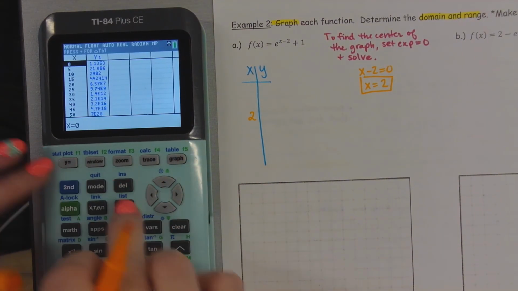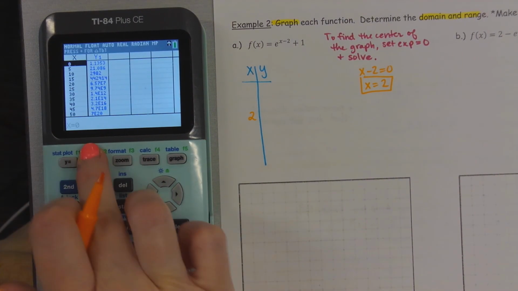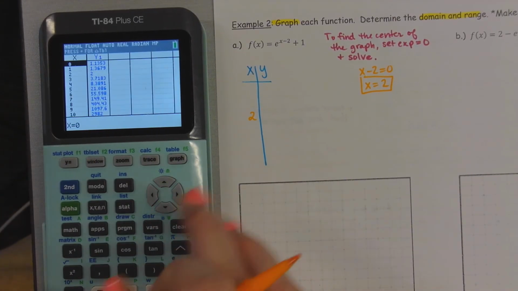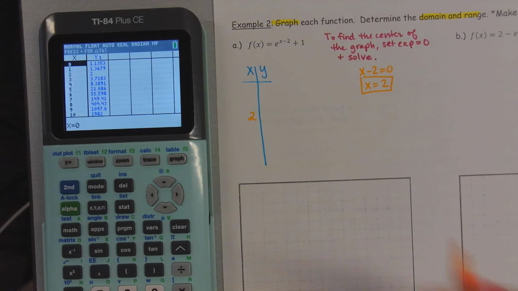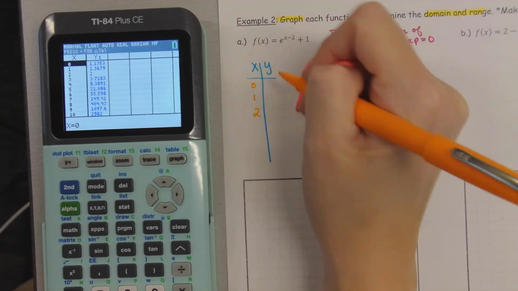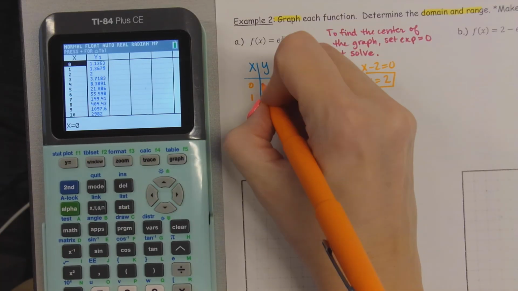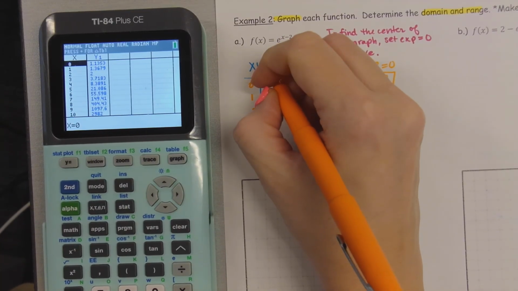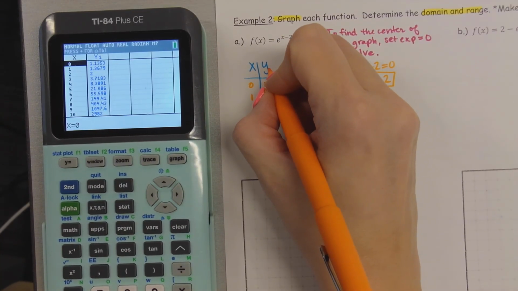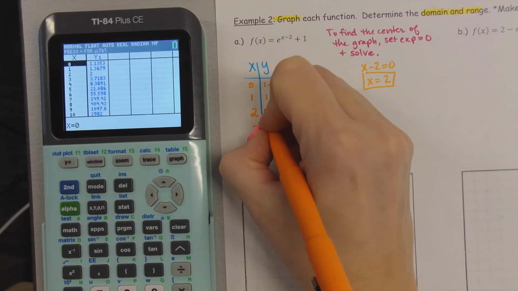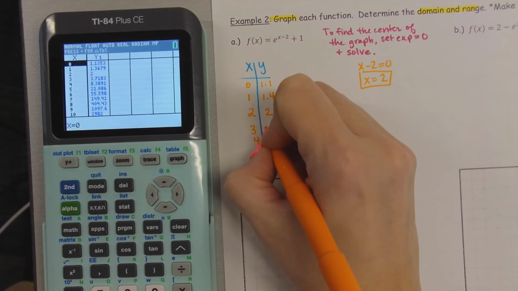Okay, and then my table set is still going by 5, so we can just change that. You can start at 0, just go up by 1s. So if I have 2, then I would go 2 to the left, 2 to the right. And it's fine if you just want to round to the nearest hundredth.